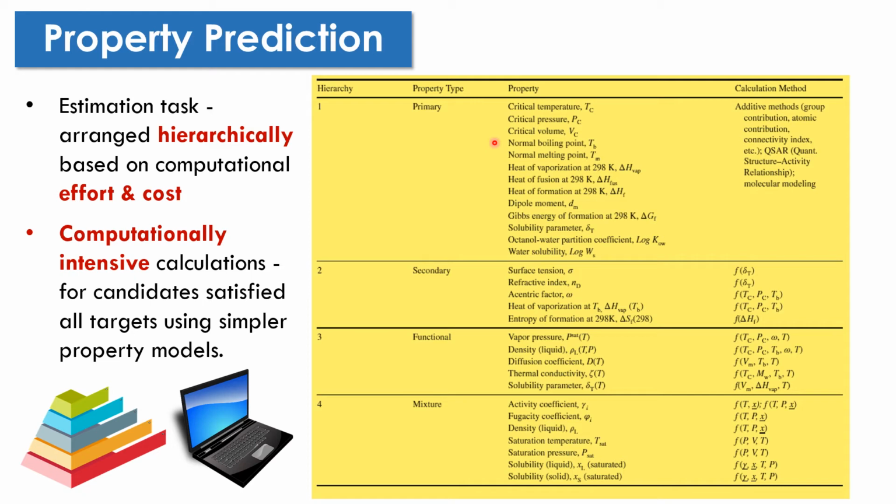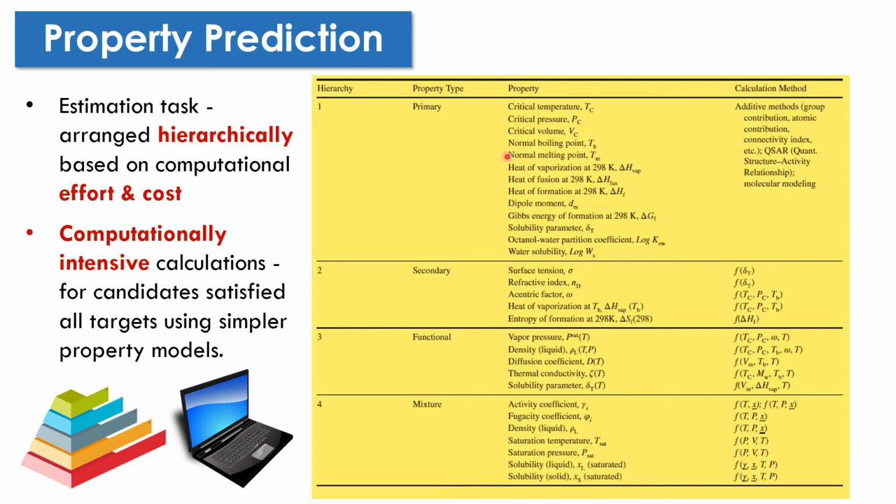Let's say we want our candidates to be liquid at room temperature, so we want to make sure that these two values bracket the room temperature, which is 22 degrees Celsius. It means that the boiling point must be higher than the room temperature, and the normal melting point must be lower than the room temperature.